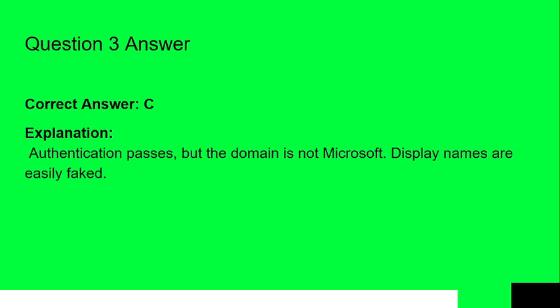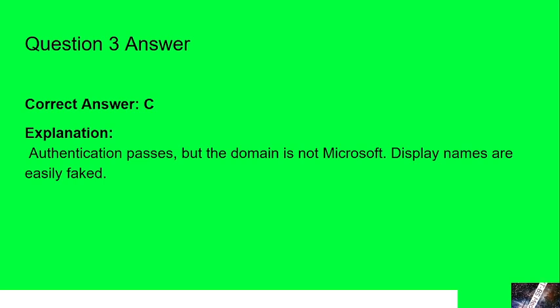Display names are easily faked. Okay? So what happened in this case is that the return path and the email address are for the attacker.